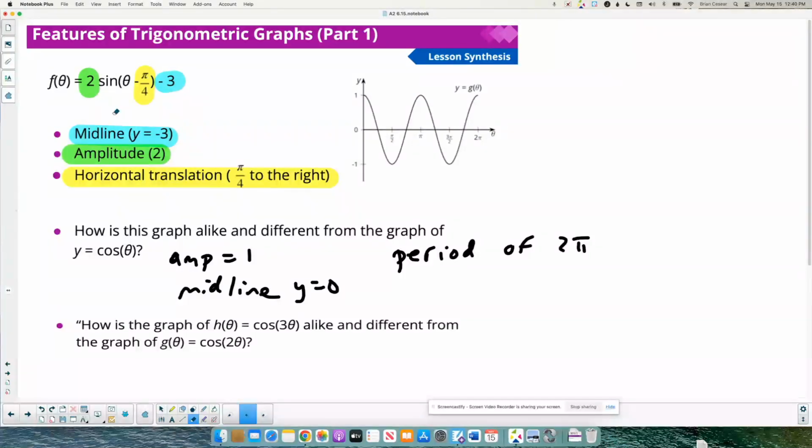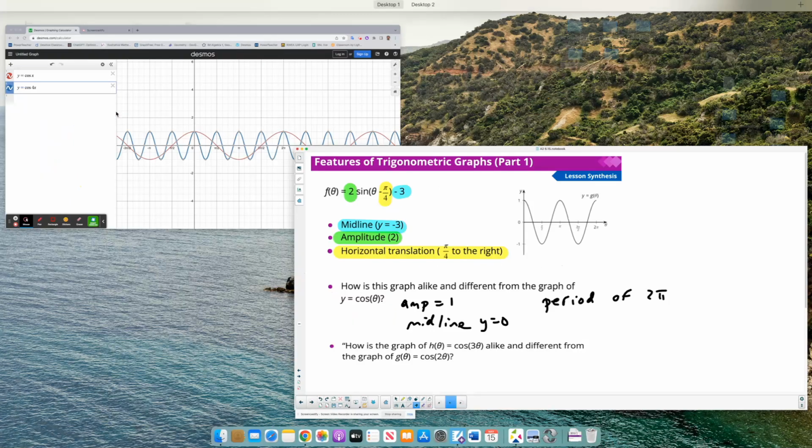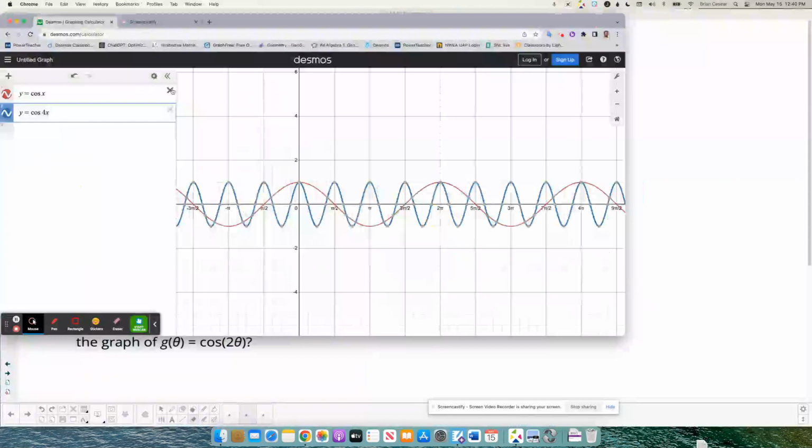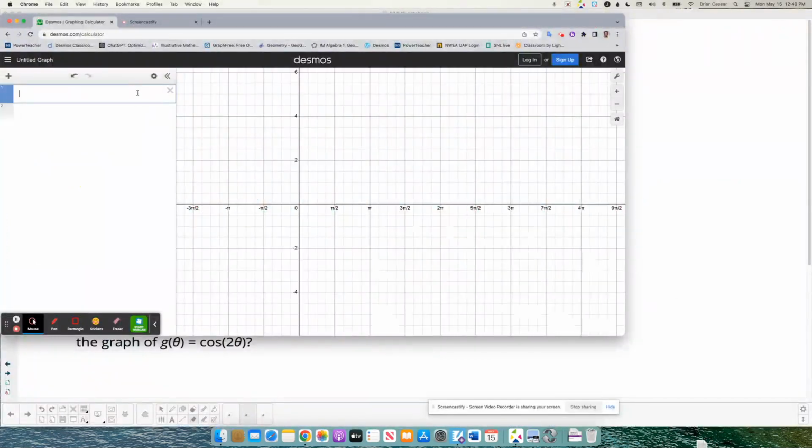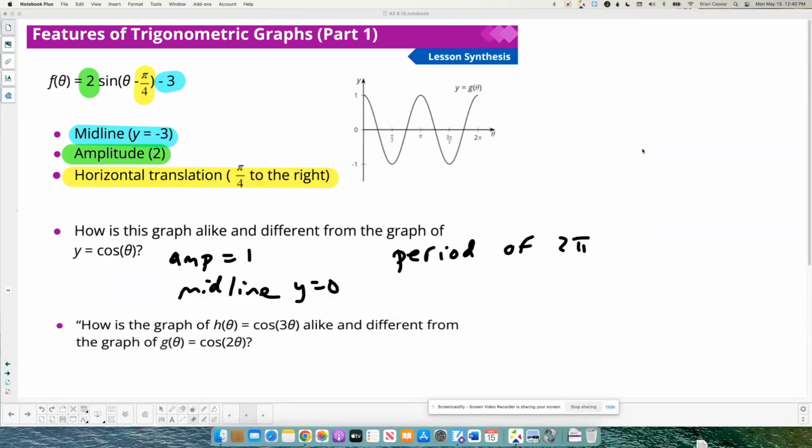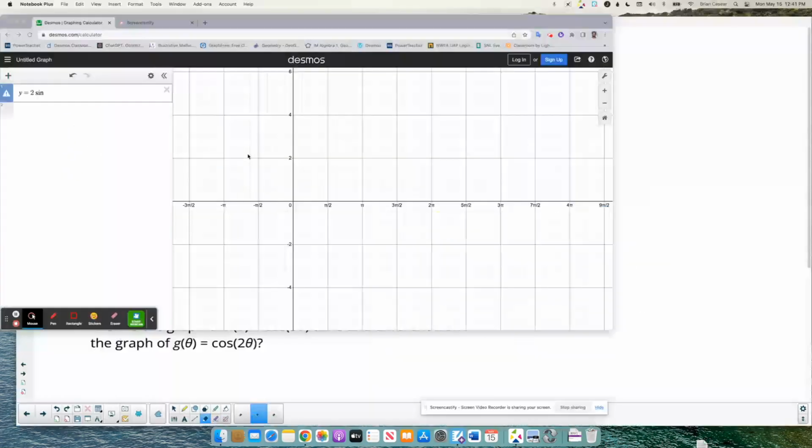If I wanted to take a look at the graphs, I could to get a little bit more detail. So y equals 2 sine of theta minus pi over 4 minus 3.